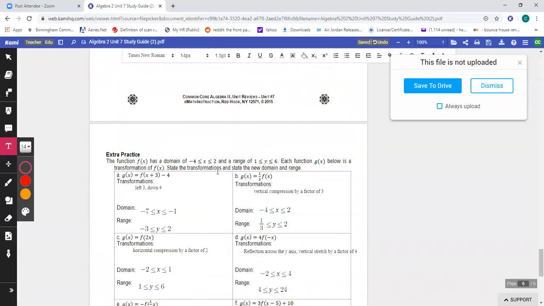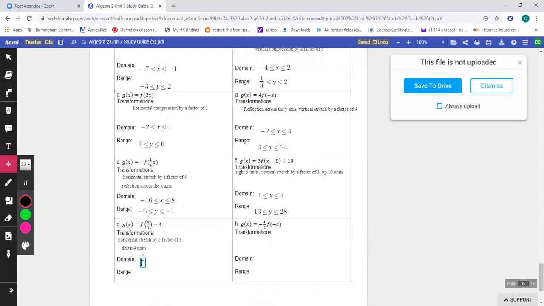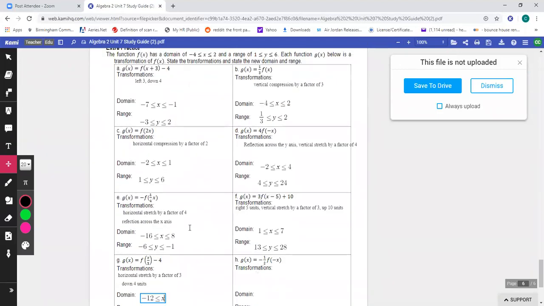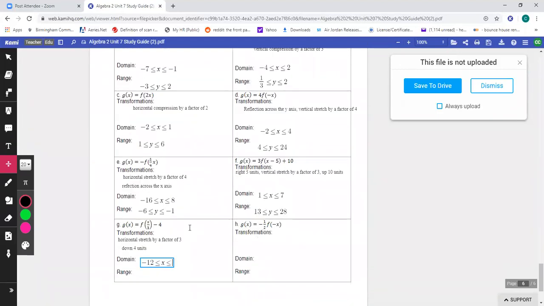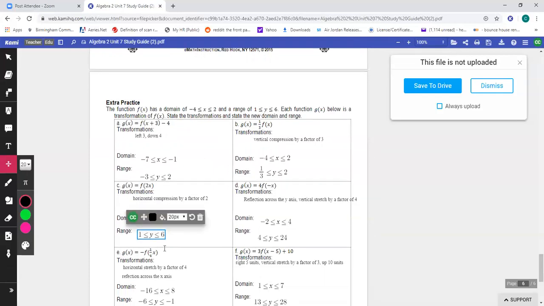So I multiply the domain by 3. So it's going to be negative 12 less than or equal to x, less than or equal to 6. And in the range, if I'm going down 4 units, it's going to be at negative 3 and 2.